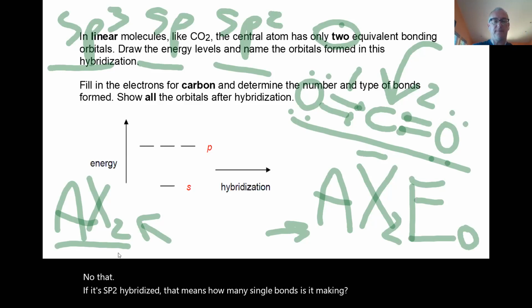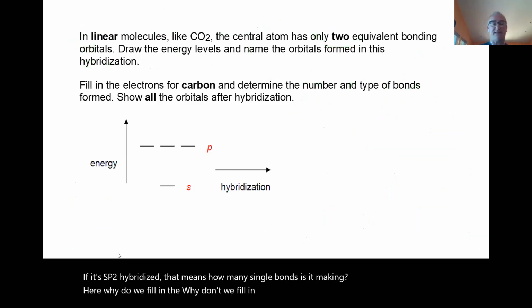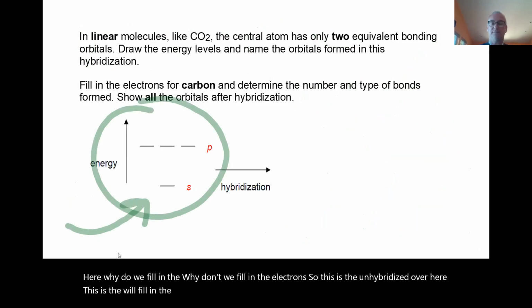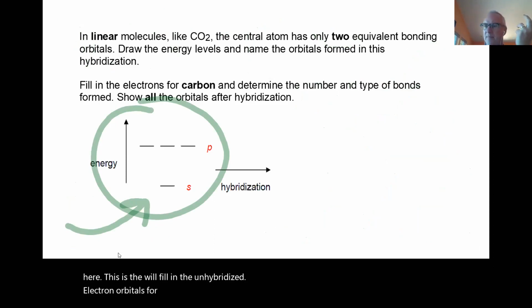Here, why don't we fill in the electrons? So this is the unhybridized over here. We'll fill in the unhybridized electron orbitals for carbon first, and then we'll figure out what we have to do to make this.